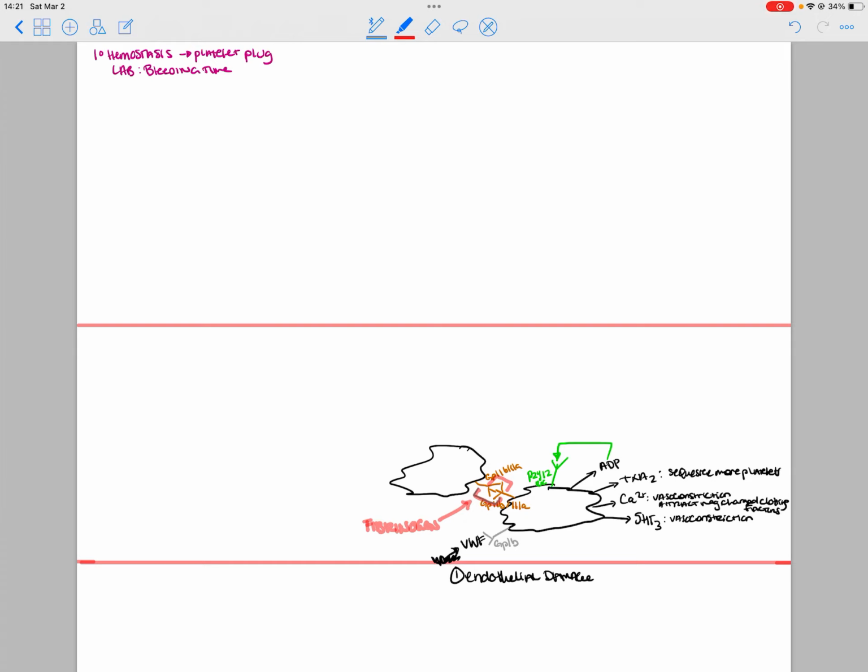So fibrinogen will seal that bond. And over and over again, this happens. And with cooperation from your secondary hemostasis clotting pathway, right here, a stable platelet plug is formed.